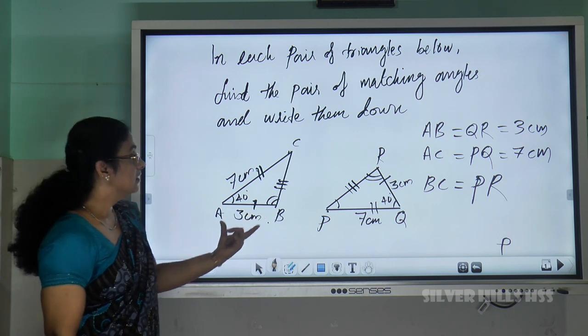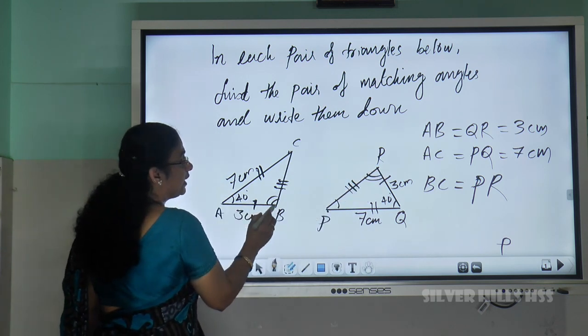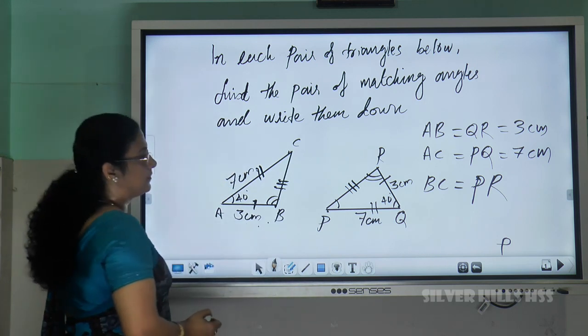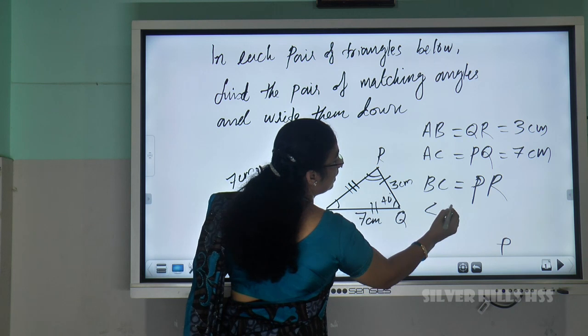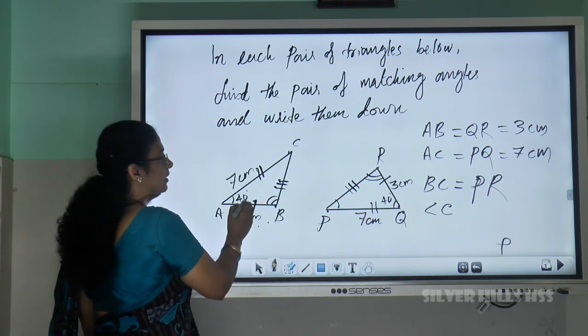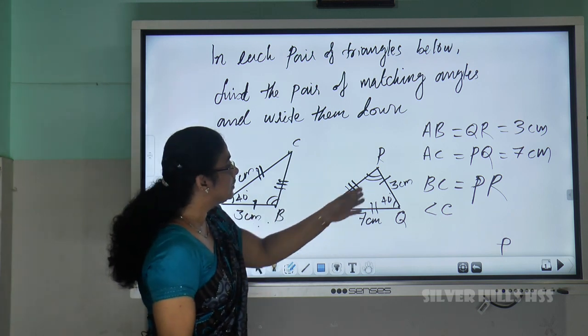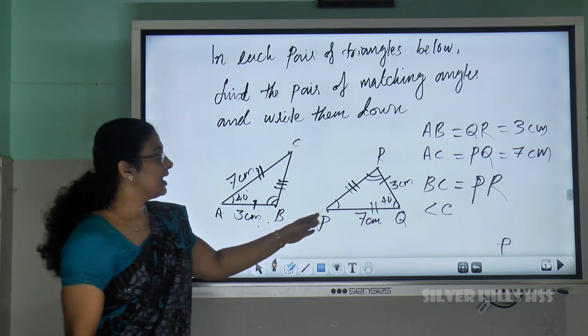AB is in ABC and the equal side of AB is QR. Opposite of AB is angle C in triangle ABC, and opposite of side QR is angle P in triangle PQR.